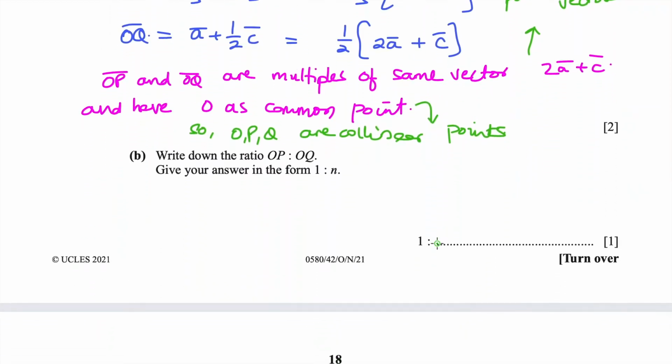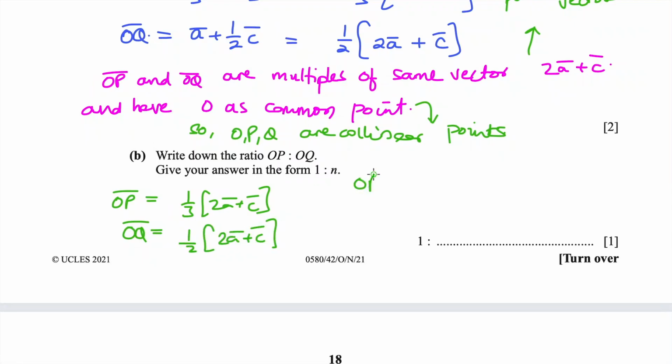Write down the ratio OP is to OQ. So OP bar is equal to 1/3 (2a bar plus c bar) and OQ bar is equal to half (2a bar plus c bar). Therefore OP bar divided by OQ bar is equal to 1 by 3 divided by 1 by 2, which is 2 by 3.